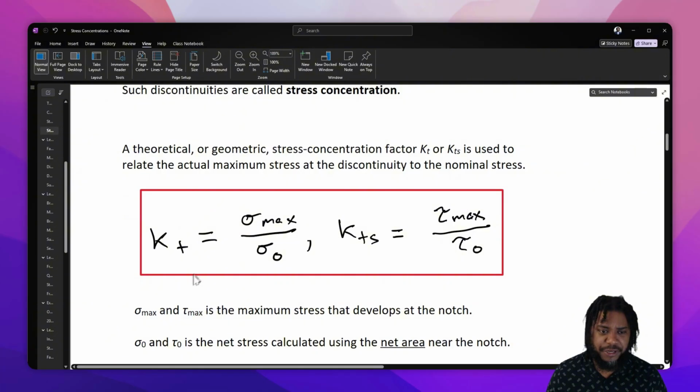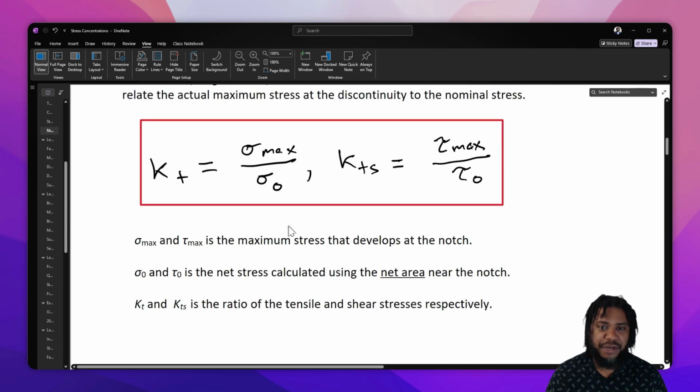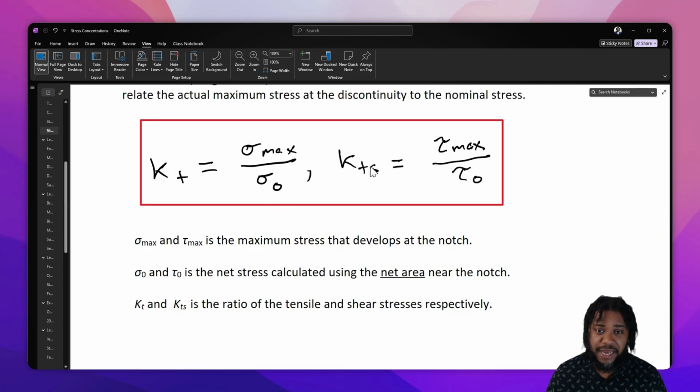The basics of it is that K_t, this factor, is equal to the maximum stress at the discontinuity divided by a nominal stress, a net area stress near the notch. There are two forms of it: one in terms of normal stresses, and another, K_ts, in terms of shear stresses.